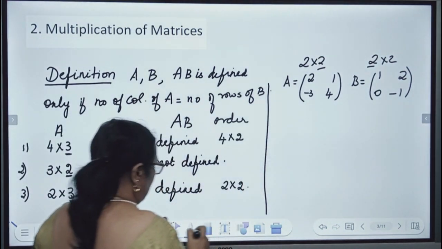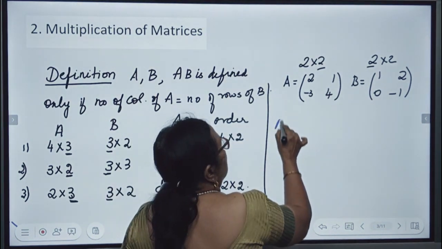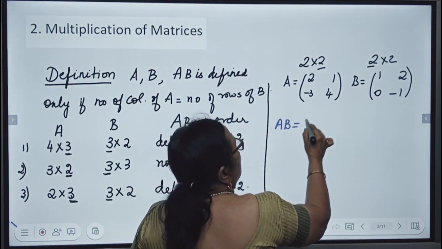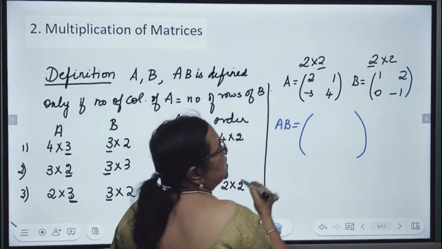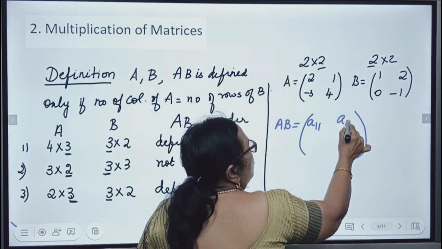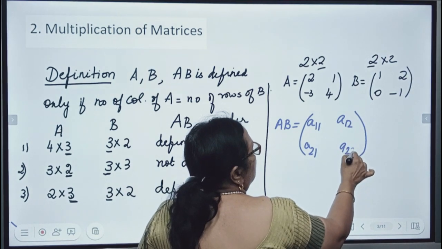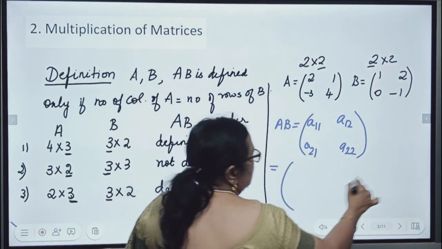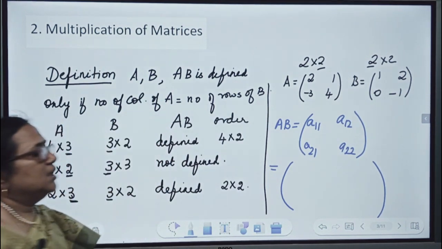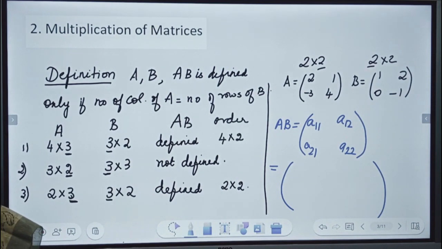So AB is going to be a matrix of order 2 by 2. We don't know what are the elements in the product. So I'll call it as A11, A12, A21, A22, since I don't know the elements, you know how to represent the general elements in terms of its position in a matrix.